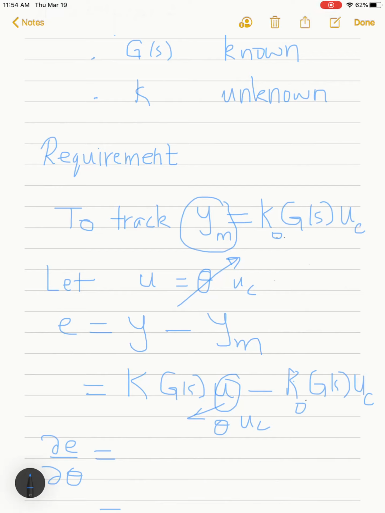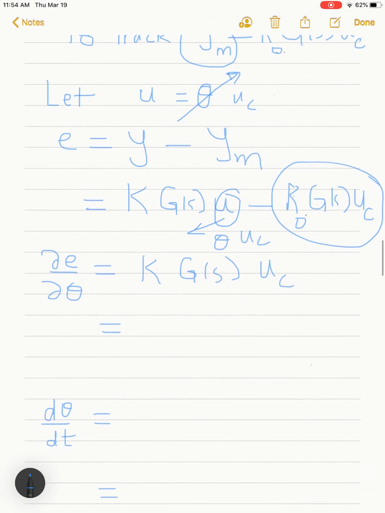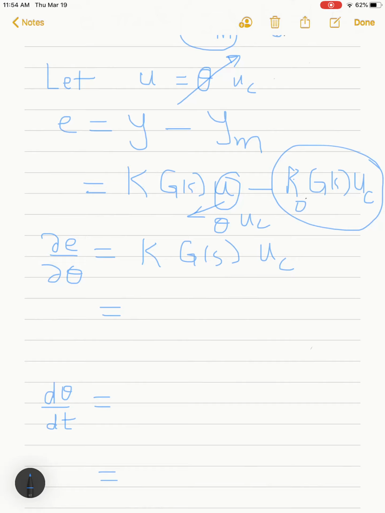So the partial derivative here would be k times g of s times uc, and of course the derivative of the second term here would be 0 because theta doesn't appear. If you do that, we can look to the original equation of the reference model and substitute for the term g times uc by ym over k node. So this would be k over k node times ym.